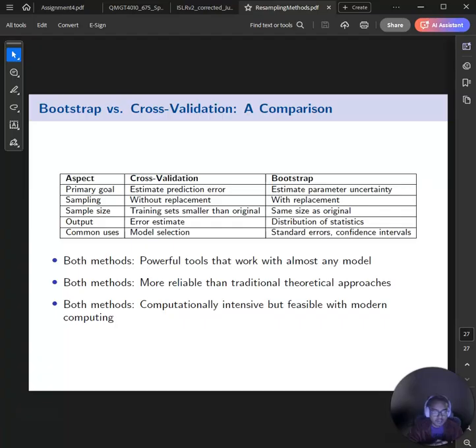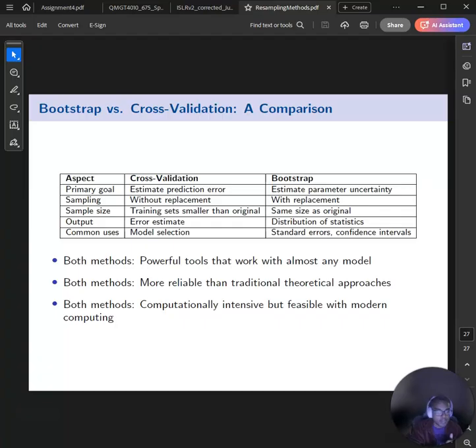Cross-validation outputs an error estimate, like the MSE or classification accuracy. Bootstrap outputs a distribution of statistics that we can analyze for standard errors or confidence intervals. We typically use cross-validation for model selection, choosing between different models or tuning hyperparameters.